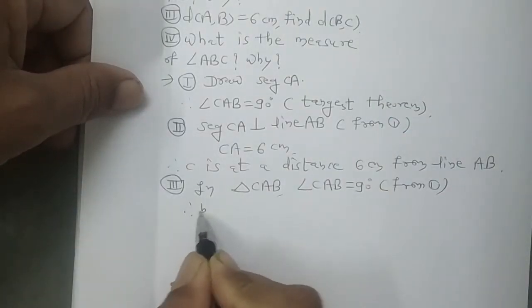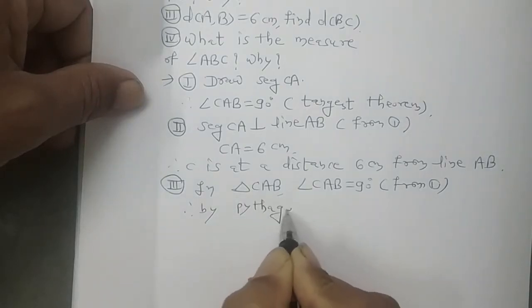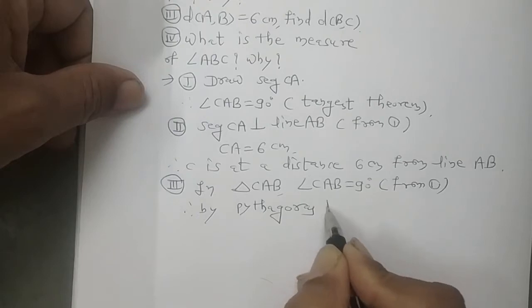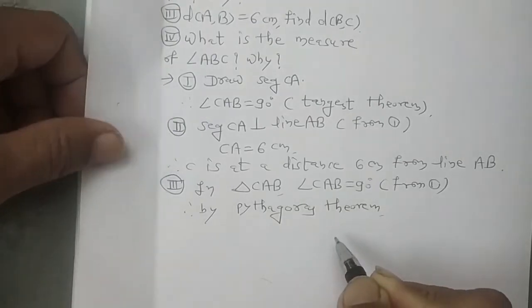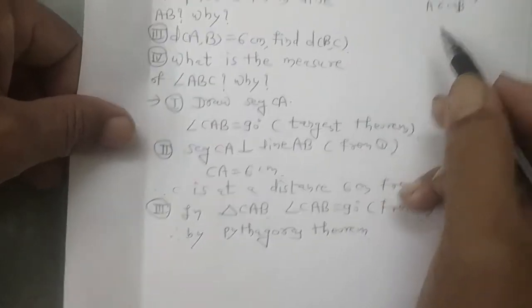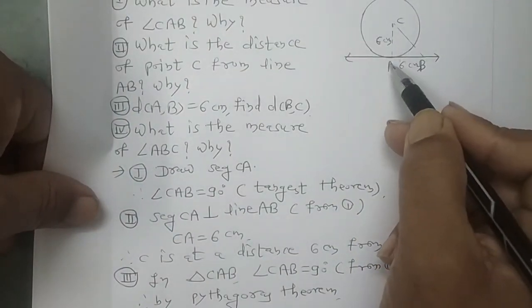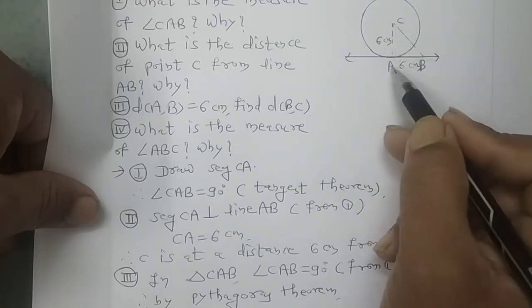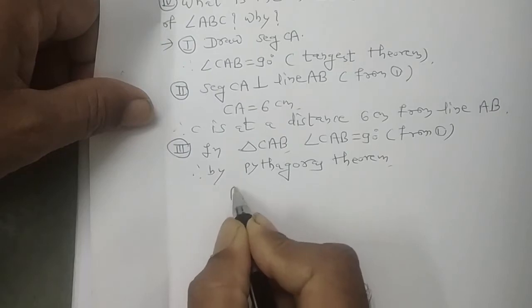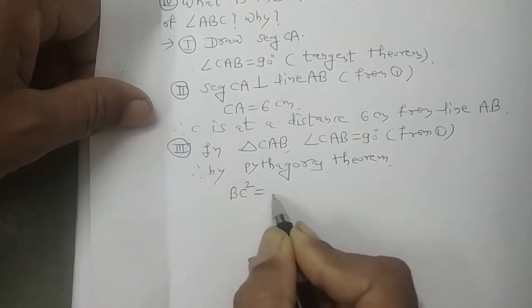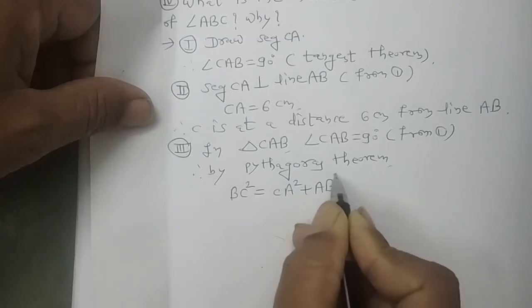Therefore, by Pythagoras theorem, now we can write this: BC square is equal to CA square plus AB square.